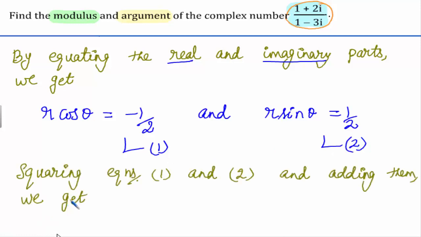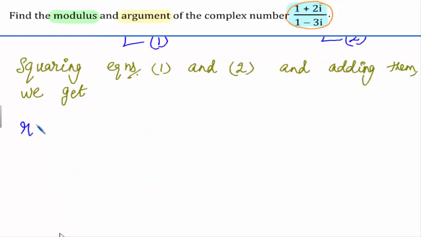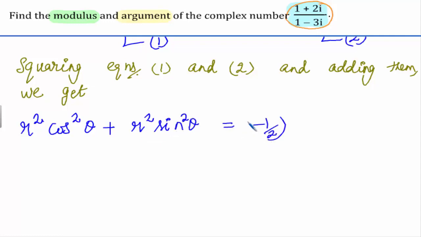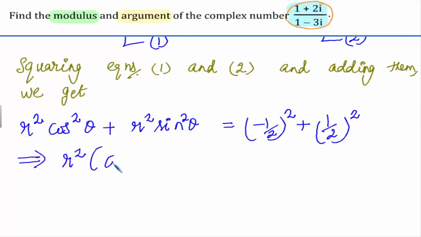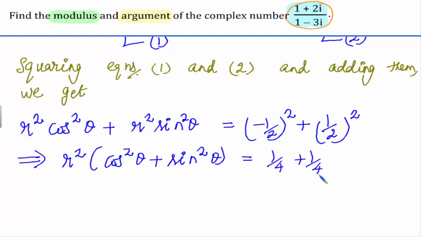Now, by squaring equations 1 and 2 and adding them, we get r square cos square theta plus r square sin square theta is equal to minus 1 upon 2 whole square plus 1 upon 2 whole square. This implies r square multiplied by cos square theta plus sin square theta is equal to 1 upon 4 plus 1 upon 4.